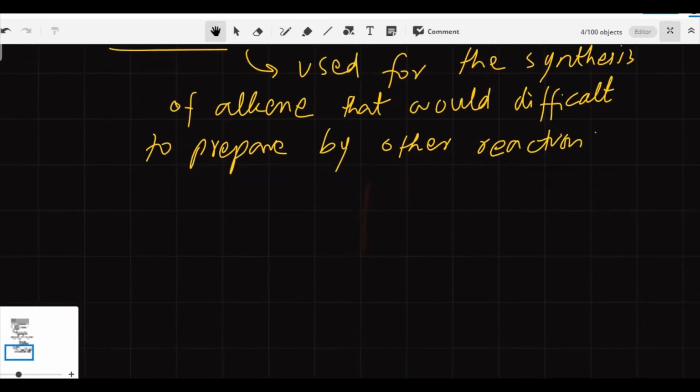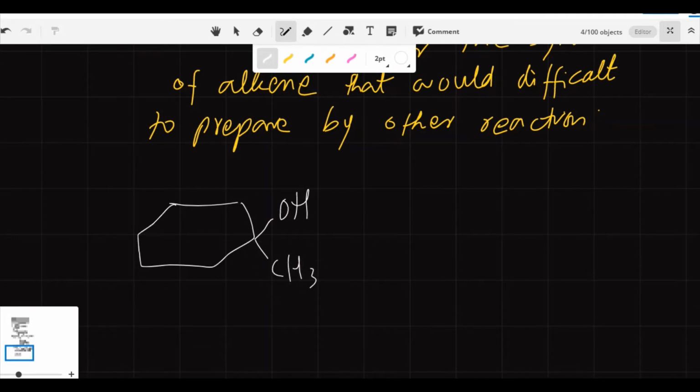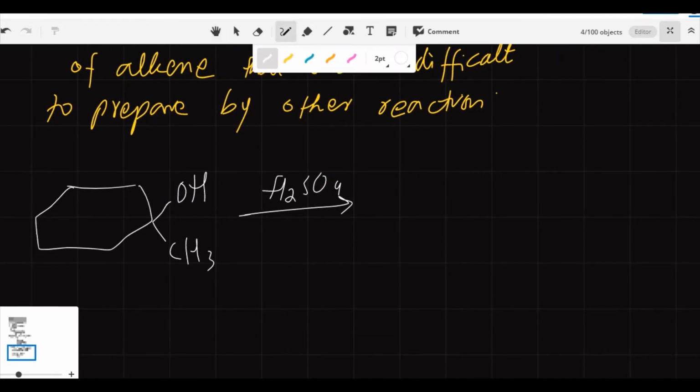For example, it is difficult to prepare methylene cyclohexane from methyl cyclohexanol. If we use another way, for example, treating with sulfuric acid as a dehydrating agent by the loss of a water molecule, it will not make the methylene product.